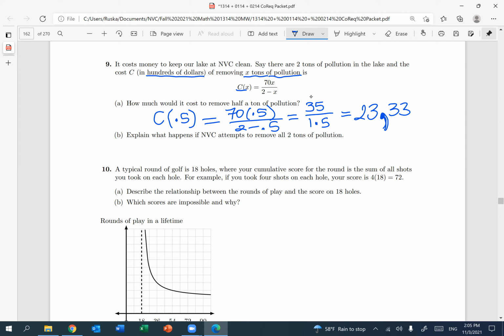That's 2,300 dollars and 0.33 cents. 2300 means 2,300, right? Everybody understand that?